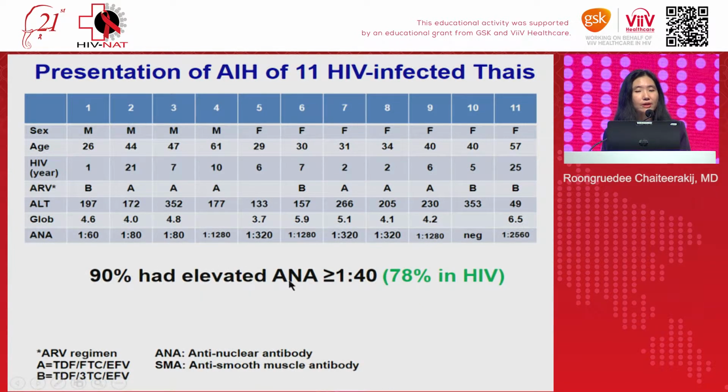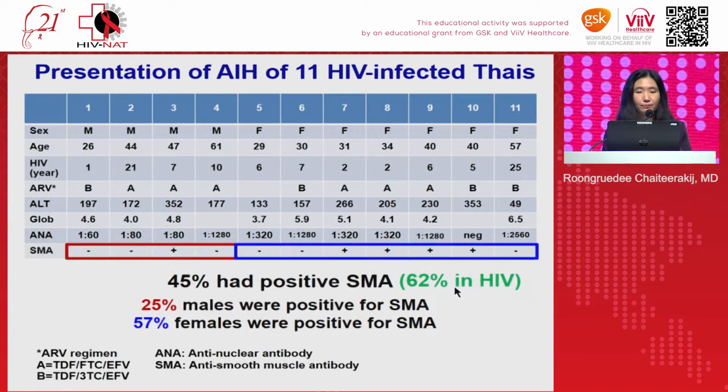90% of patients have elevation of ANA, and this is much higher than the report of the HIV cohort. One interesting thing that is different from the previous report is that in the Thai cohort, the positive SMA, or smooth muscle antibody, is quite lower, only 45% as compared to 62% in the previous report.